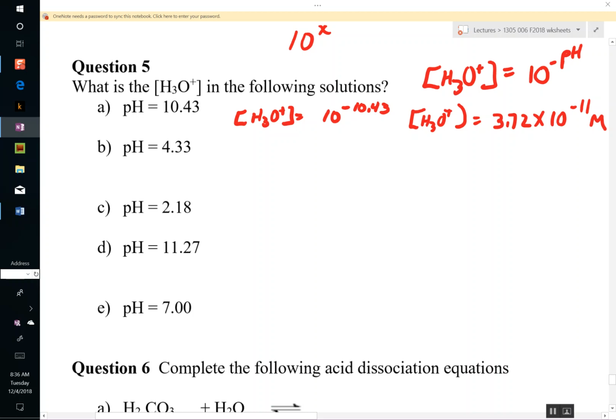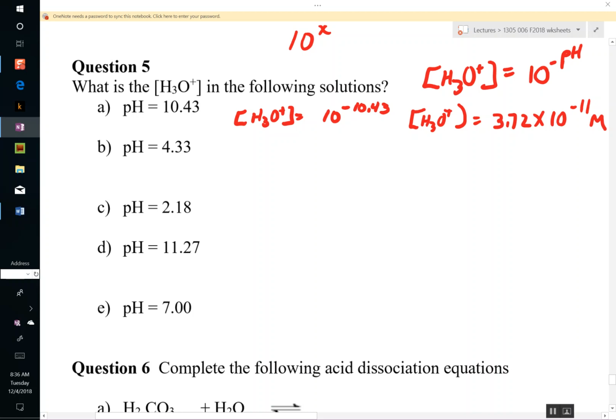Okay, and then put molar after it, capital M. So it's saying, what is that concentration? It's in molarity. Okay, good. No, this is 3.72.